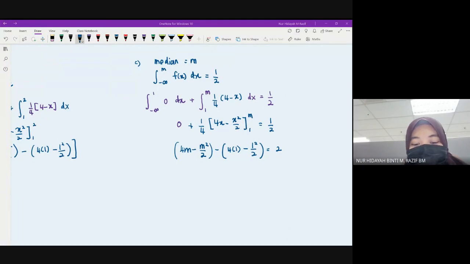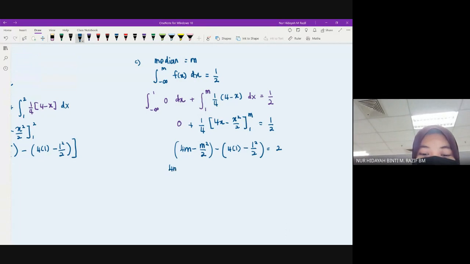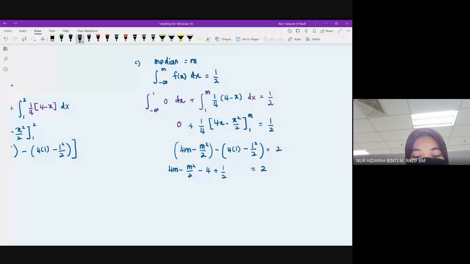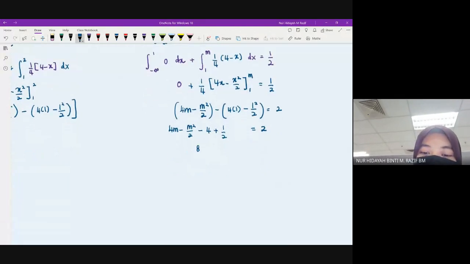Okay, so now apa yang kita buat adalah kita akan expand yang dalam kurungan ini. So I have 4m minus m square over 2 minus 4 plus 1 over 2, that should be equal to 2. So untuk saya hilangkan saya punya pecahan, sebab saya jenis yang tak suka bekerja dengan pecahan, I'm going to multiply everything by 2 and that will give me 8m minus m square minus 8 plus 1 is equal to 2 darab 2 adalah 4.